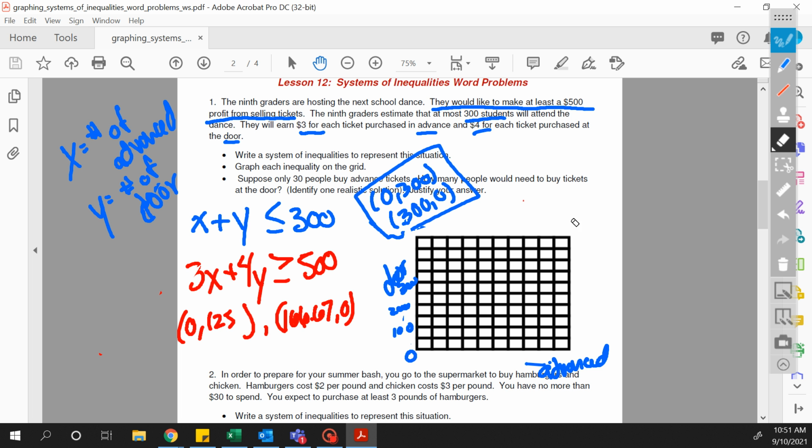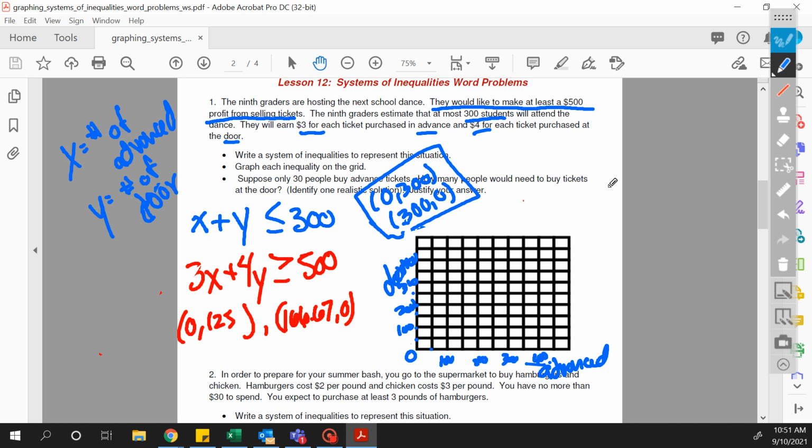I don't like that. Let's go by 75s. 25s? 100, 200. Nope, 25 is not going to work. I guess I have to go by 50s. So 50, 100, 150, 200, 250, 300, and 400. And then same thing on the x-axis, 50, 100, 150, 200, 250, 300, 350, 400.